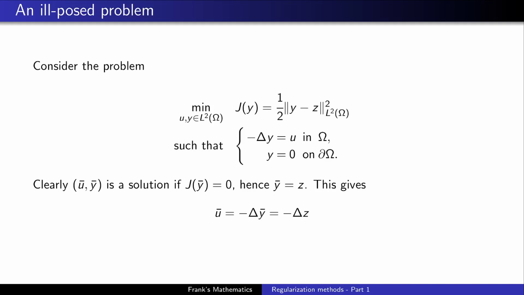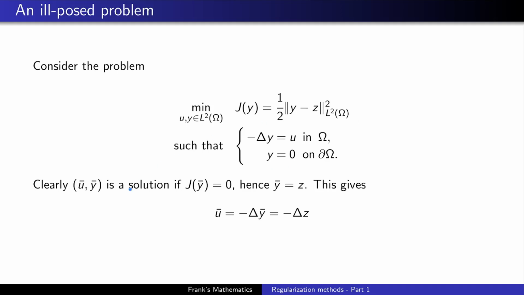To do so, consider the following optimization problem, which is actually quite easy. We want to minimize over u and y the objective function J of y, which is just the difference y minus z, where z is a given state. The constraint we want to take a look at is the heat equation. So nothing special here.